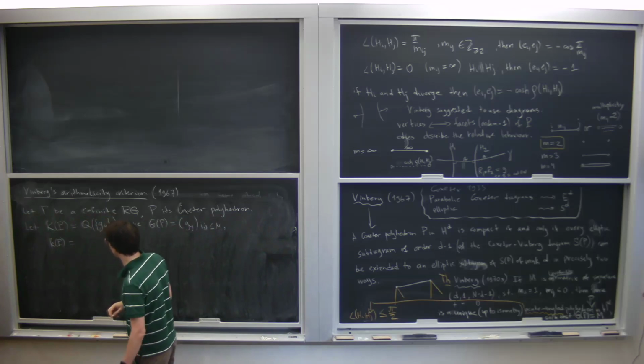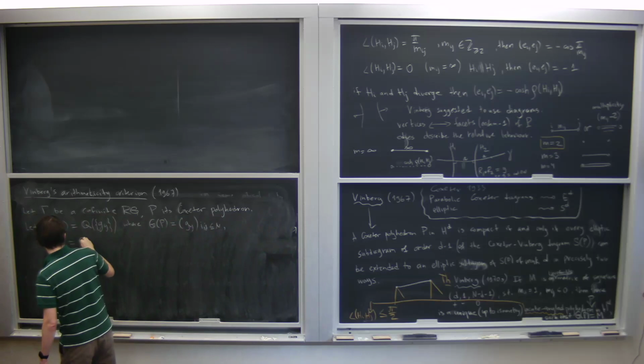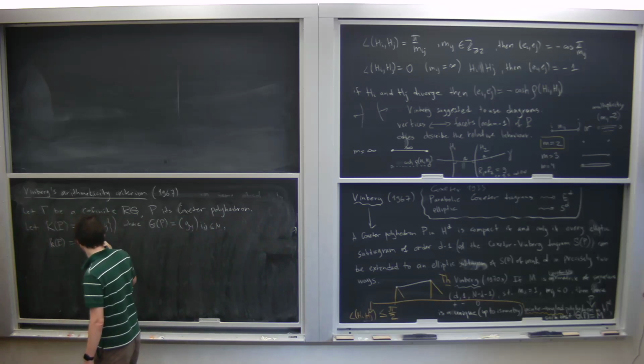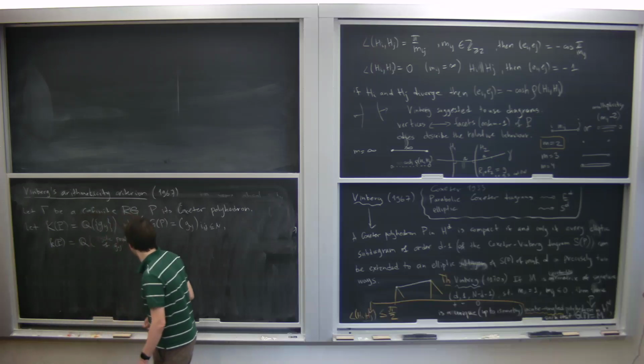And there is another, smaller field, which is going to be generated by cyclic products of G_ij.